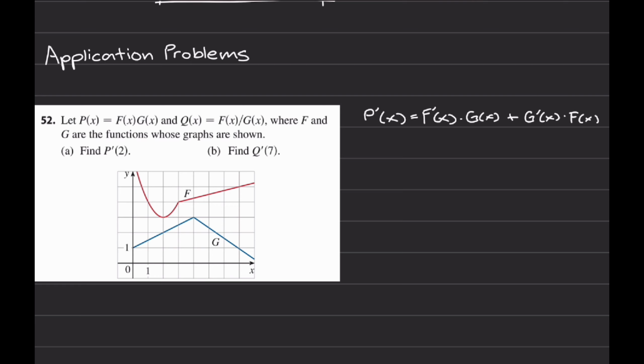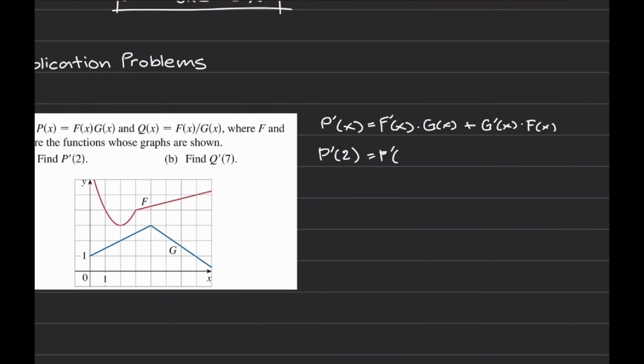And it's asking us to find P prime of 2. So we could just plug that in. We get f prime of 2 times g of 2 plus g prime of 2 times f of 2. Now our role is to figure out all these values.